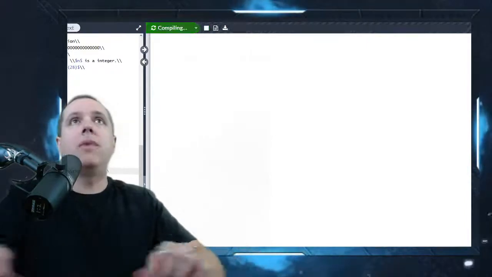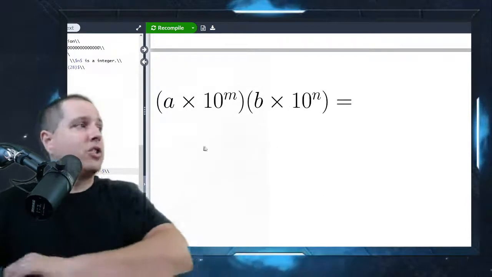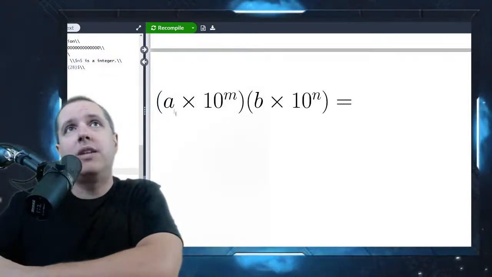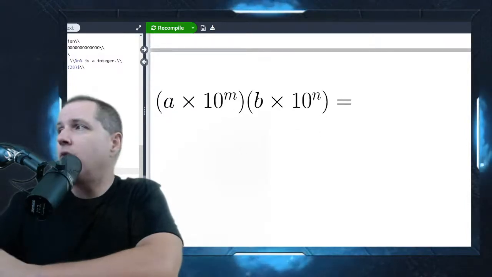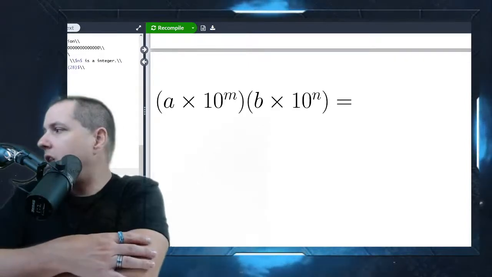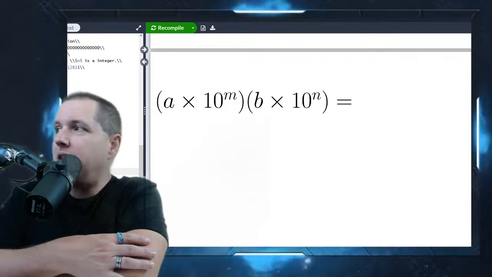So how do we go about multiplying numbers that are written in scientific notation? This is just your general formula, right? This is some number written in scientific notation. This is another one written in scientific notation. What would we do? Well, if you think about it, a number written in scientific notation is already a multiplication, right?